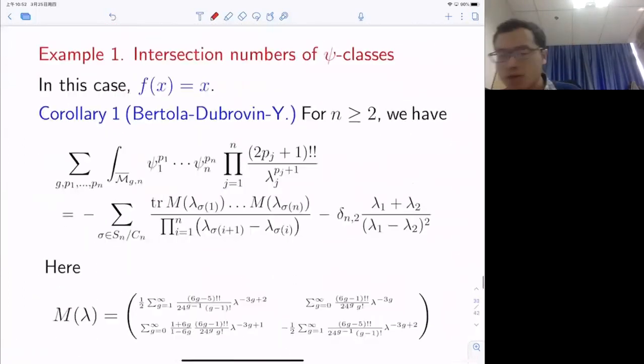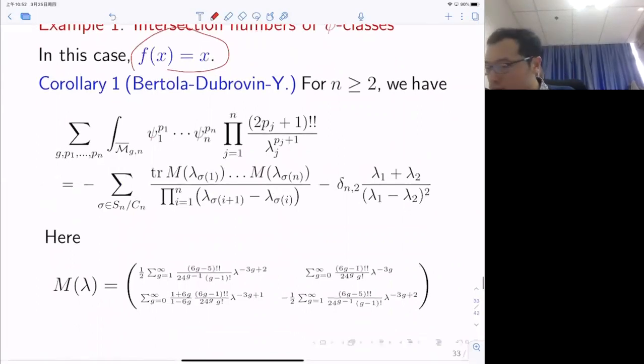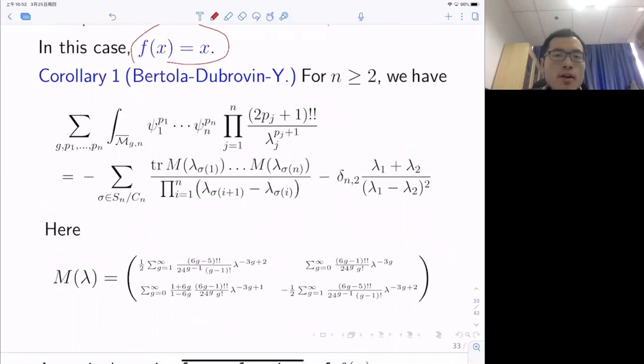Let's go back to our example. The first example is f(x) equals x. In this example, you solve the matrix resolvent and so on. You get the corollary that the generating series of psi class integrals equals the right-hand side with the explicit matrix M given here.